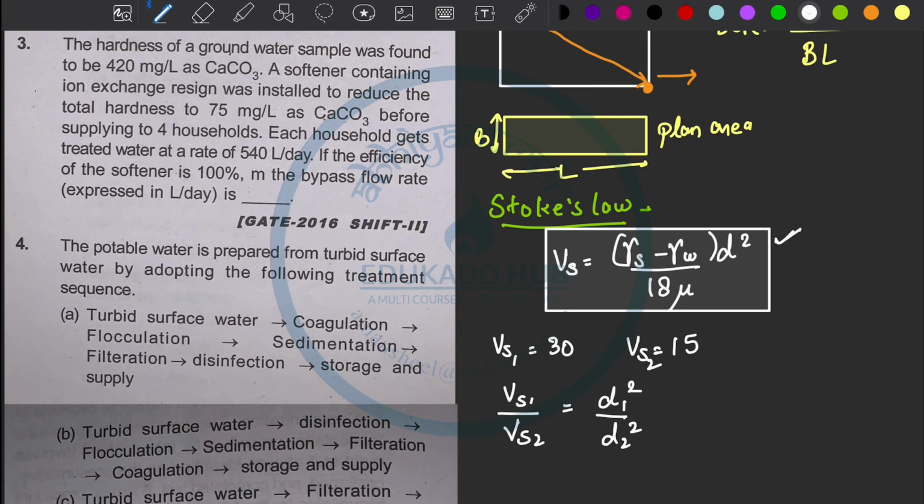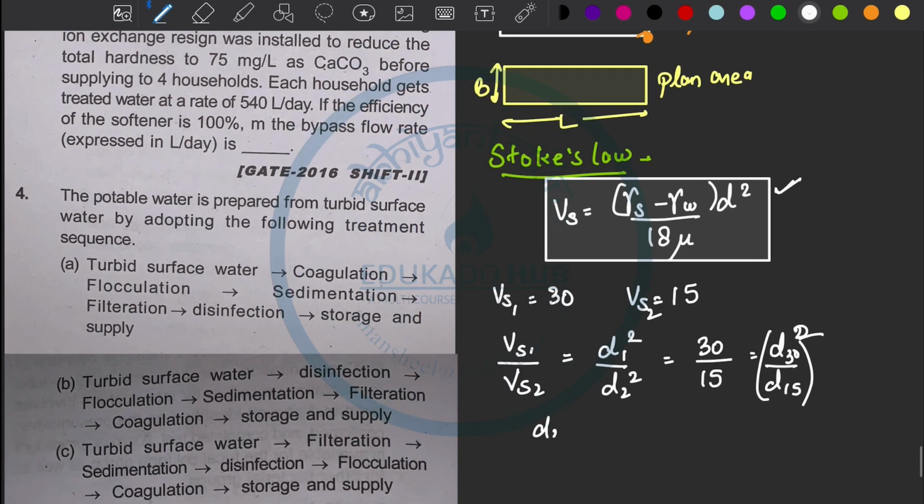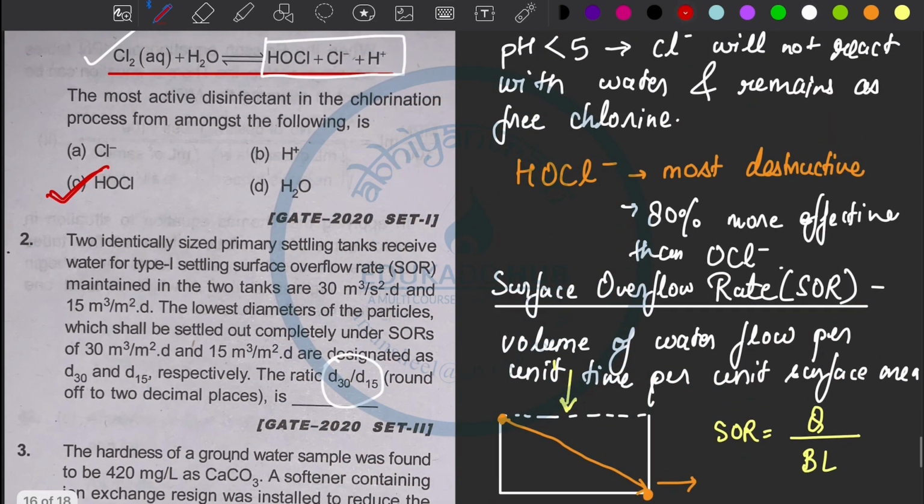So it will be like this, and that is equal to 30 upon 15, which is D30 upon D15 whole square, and D30 upon D15 is nothing but root 2, that is 1.414. So the answer, the ratio they are asking of D30 by D15, is 1.414.